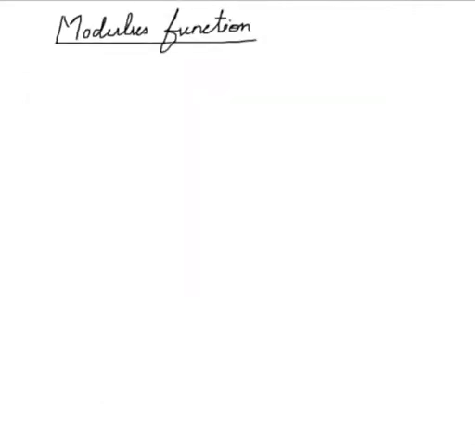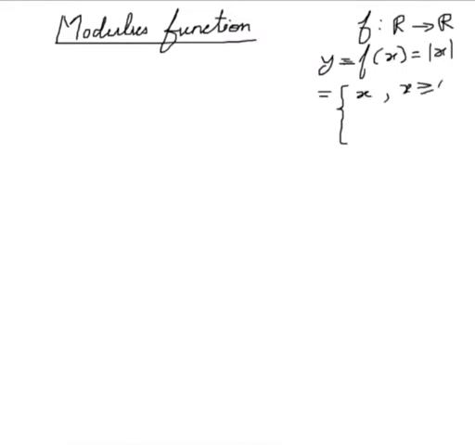Let us learn about modulus function. Let f be a function from R to R, real number set to real number set, and y be defined as f of x is equal to modulus of x, or absolute value of x. The definition of absolute value of x is, it will be x when x is greater than or equal to 0, and it becomes minus x when x is less than 0.